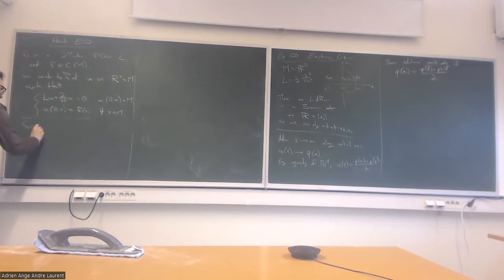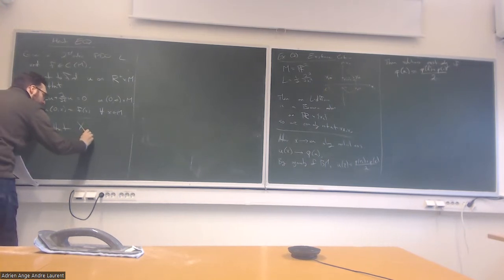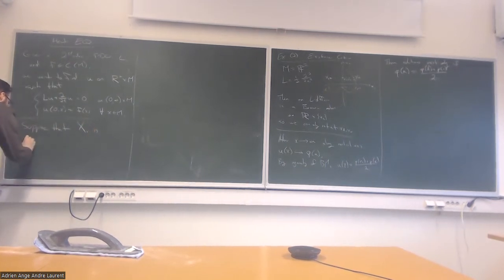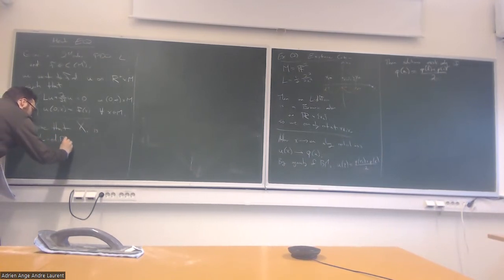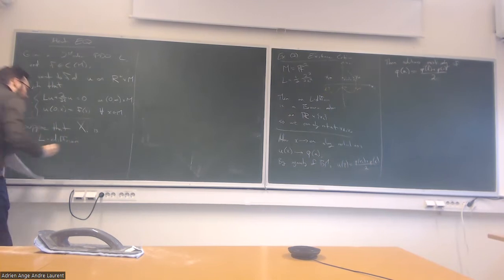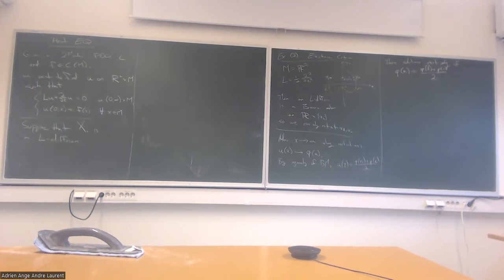Suppose that X is an L diffusion. Right, and a priori, we don't have an existence or uniqueness result of this. We don't really need uniqueness, but we do need at least existence.